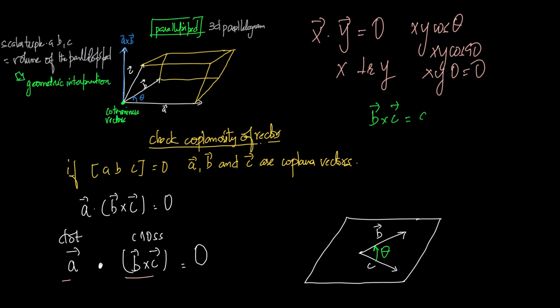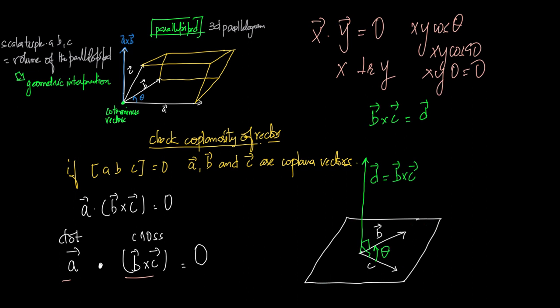So let us say vector D, which is perpendicular to both vector B as well as vector C. This is the definition of the cross product, which means this vector D represents vector B cross C. Although B and C are on this plane, B cross C is not on this plane.